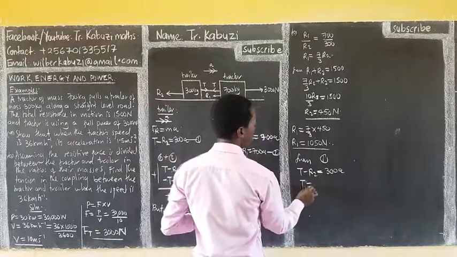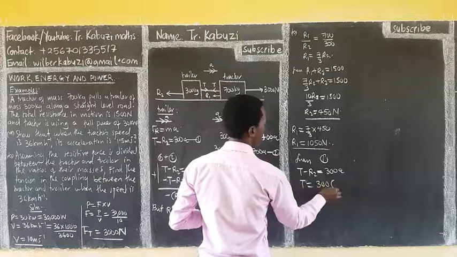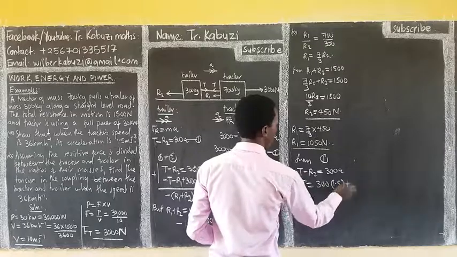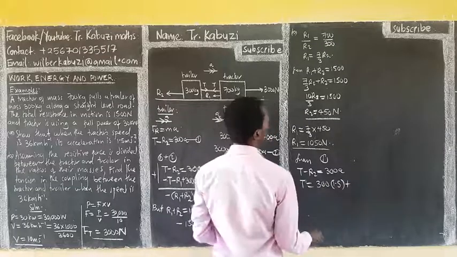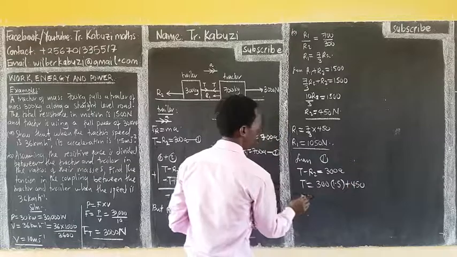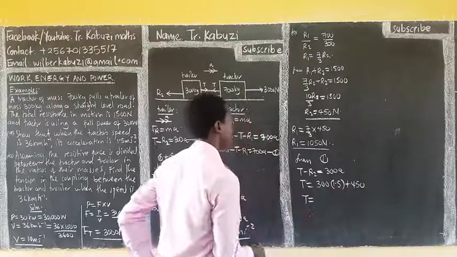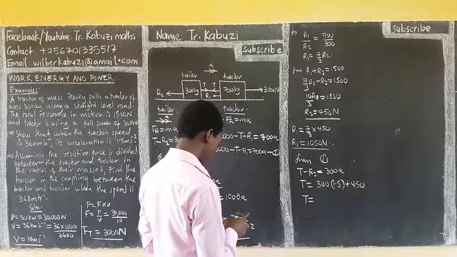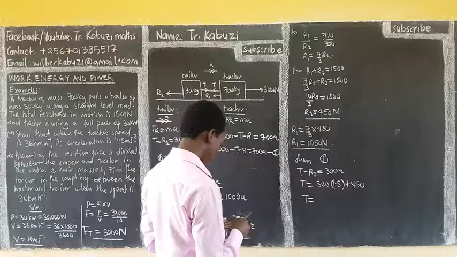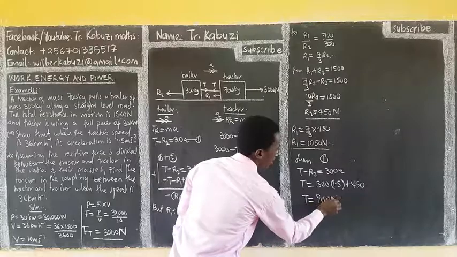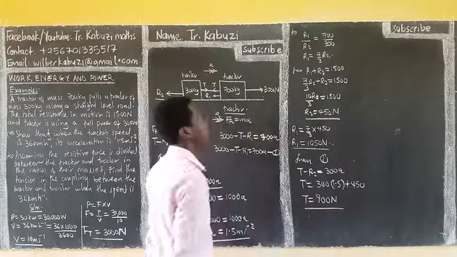But now my tension is going to be 300 into our solution, which is 1.5, then plus R2, my R2, which is 450. And from here, my tension is going to be 900 newtons. As simple as that.